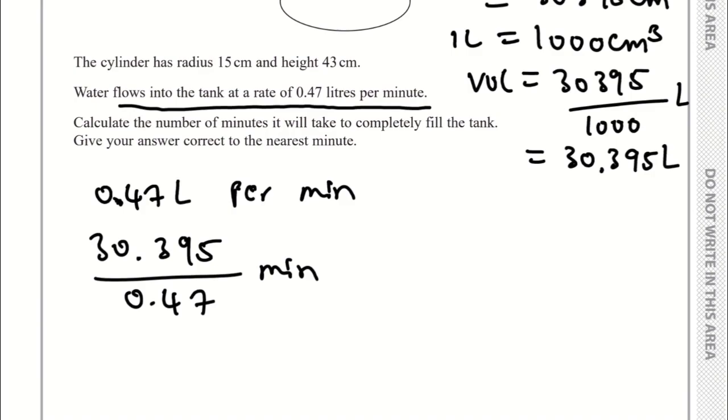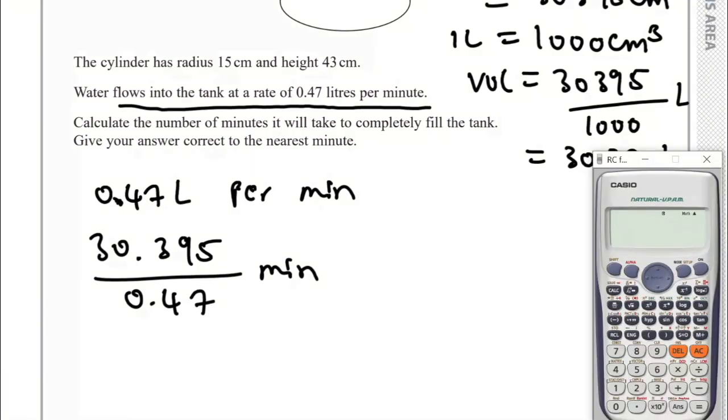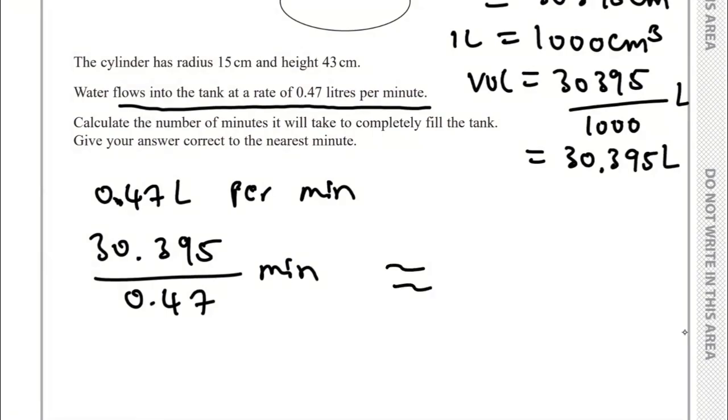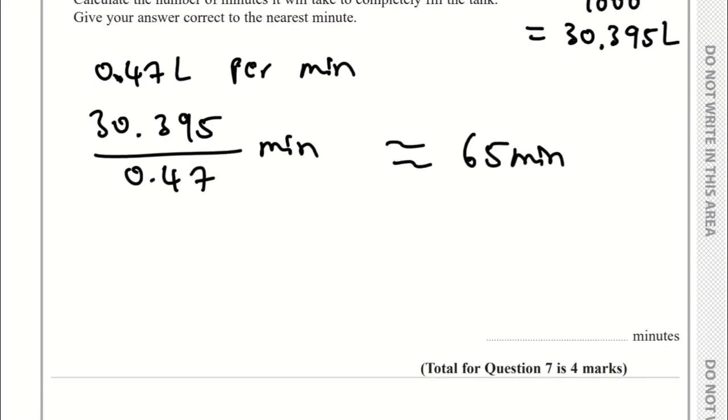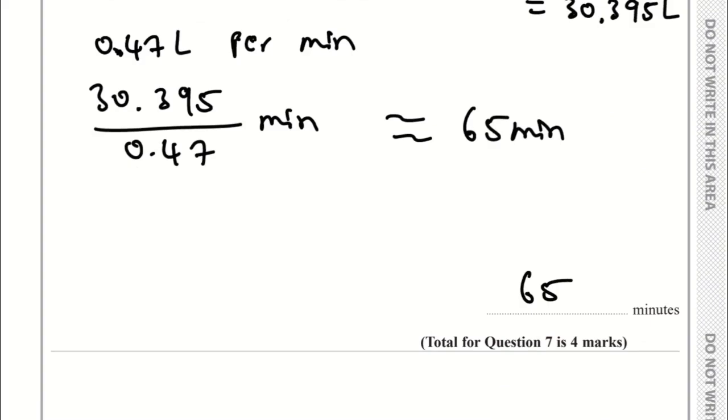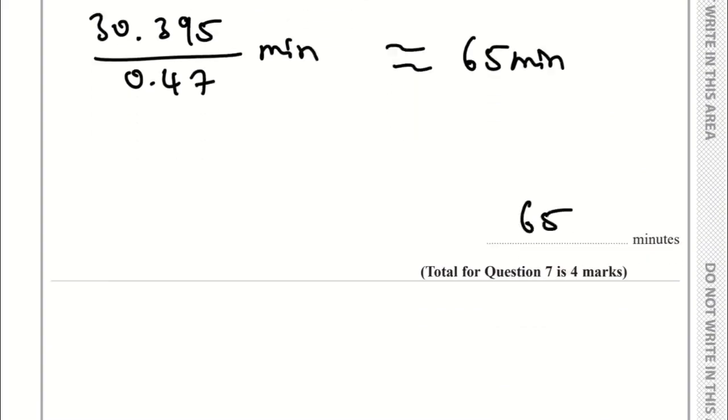So let's divide now. 30.395 divided by 0.47. What is this going to give us? That will be 64.6, approximately 65 minutes, because we're told to round it to the nearest minute. So that will be 65 minutes.